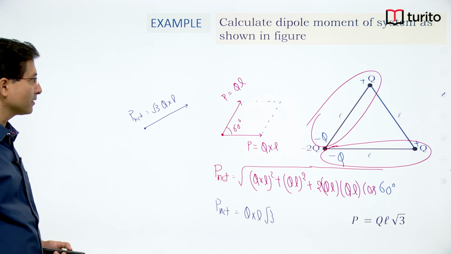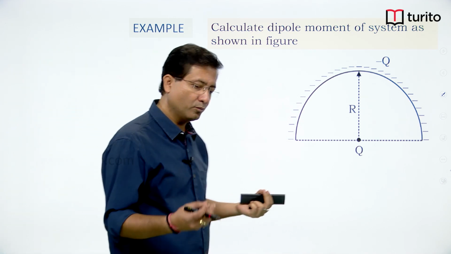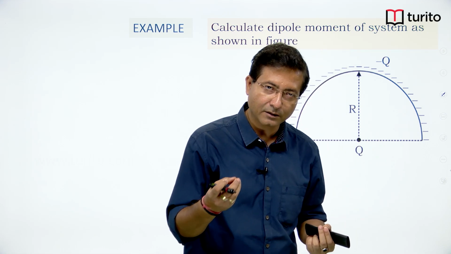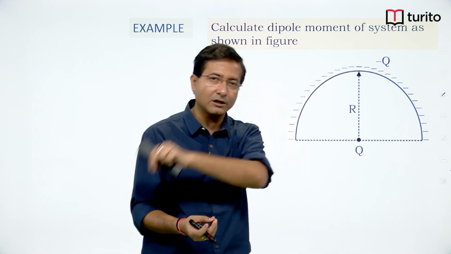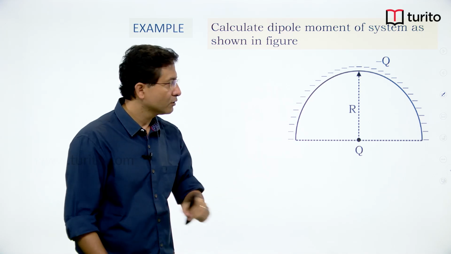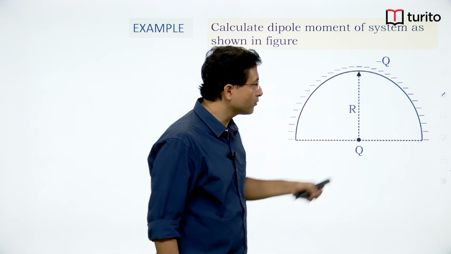Let us see one more example, right. So, instead of taking 2 point charges, I have taken one point charge and another distributed one, which is distributed over a ring. So, charge is distributed over the ring, and I am asking what is the dipole moment of the system.